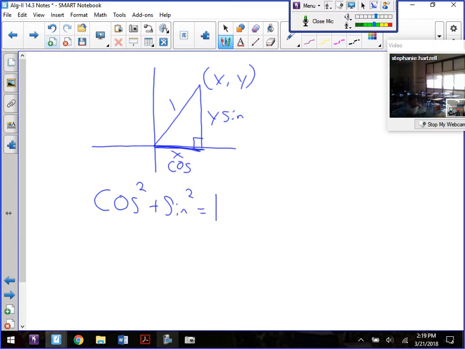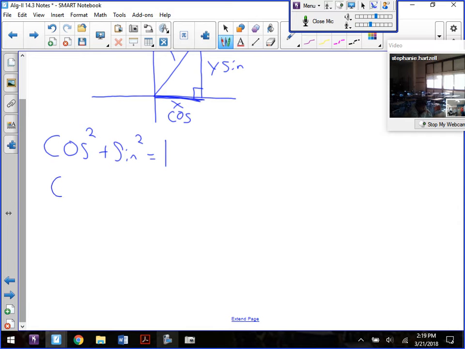So you have this first one that's called a Pythagorean identity, which means that if I have cosine squared plus sine squared equals 1, I could solve what's called a literal equation. Literal equation means just get a variable by itself. If I want to get cosine by itself, what do I have to move? Subtract the sine squared, which means I can say that cosine squared equals 1 minus sine squared.